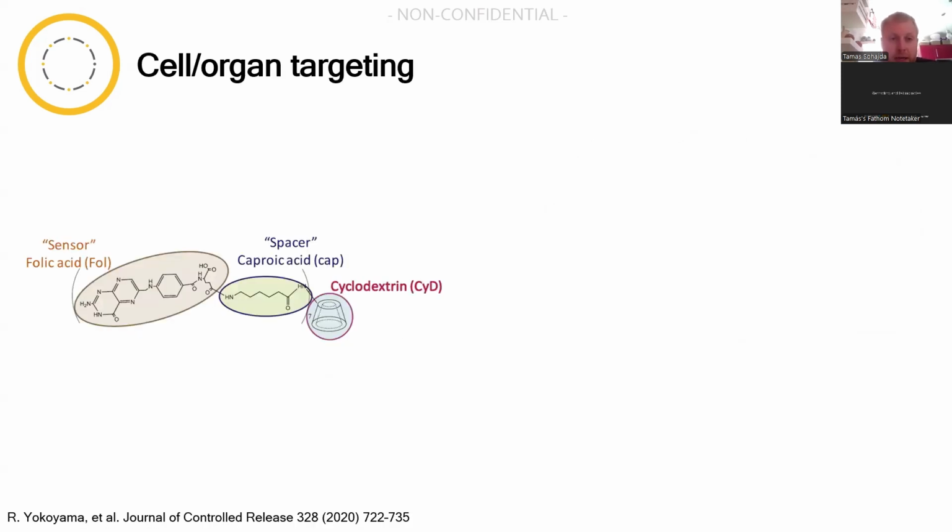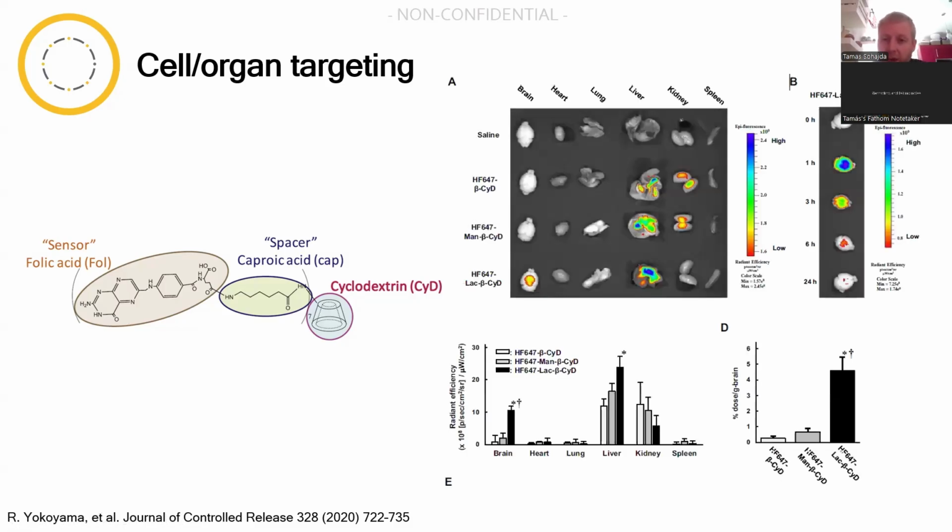And talking about cell and organ targeting, here we definitely need modified cyclodextrins. The chemistry of the cyclodextrins is very versatile and enables us to create a lot of wonderful derivatives. So for instance, we can tag them with folic acid that can target different types of cancer cells, or we can tag them with sugar molecules like mannose and lactose.